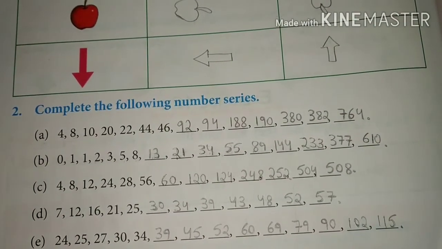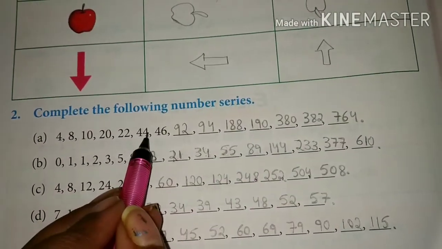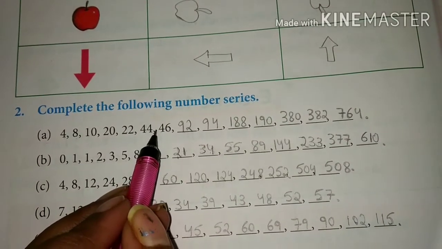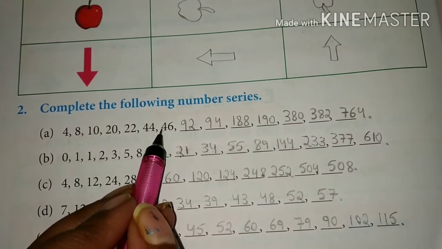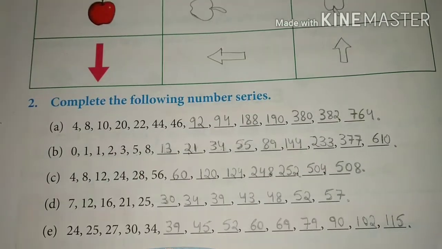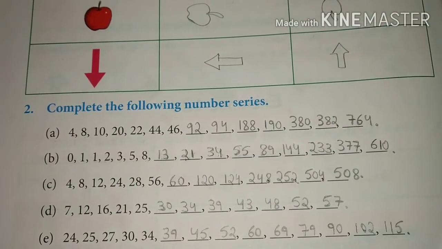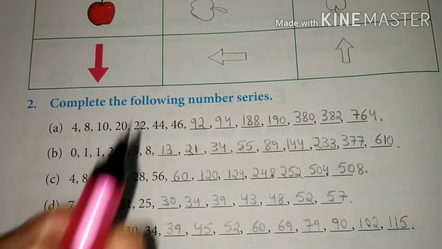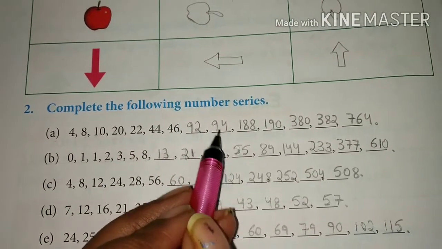So students, in this question, every time, firstly we have to multiply the number with 2 and then we have to add 2 to the number.